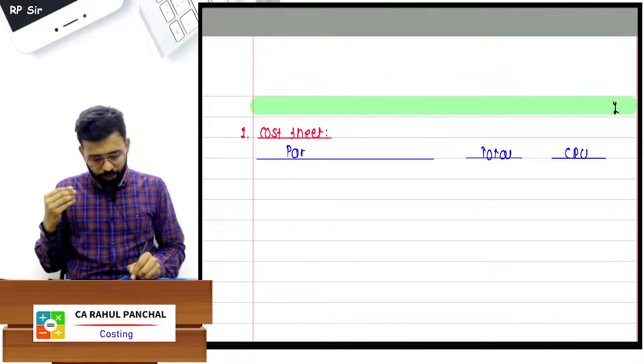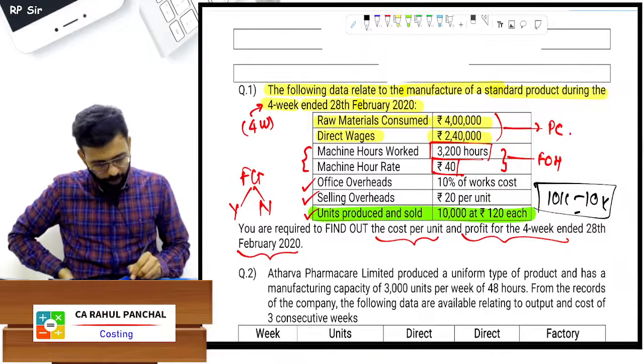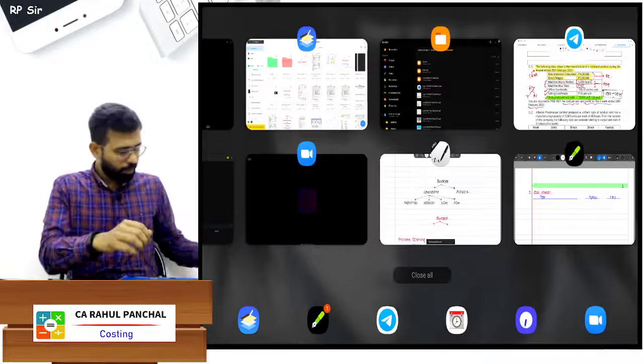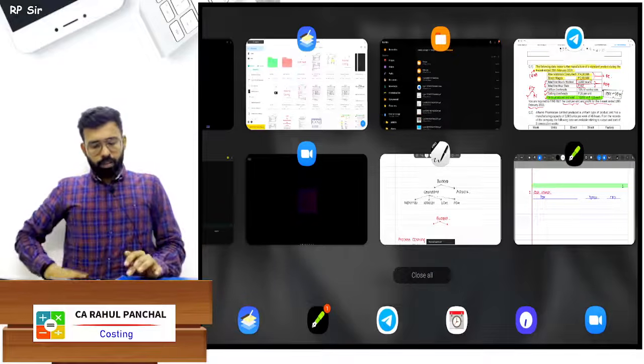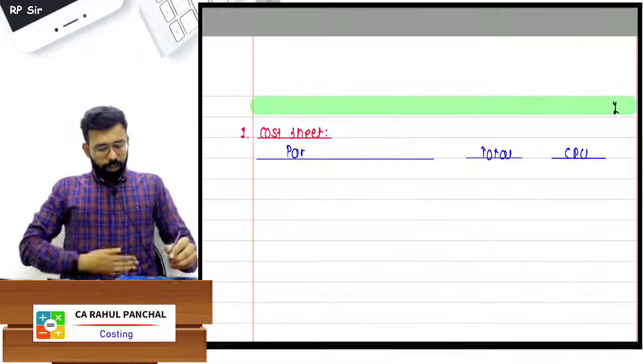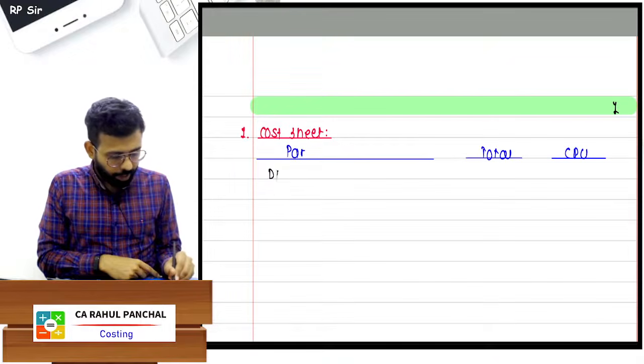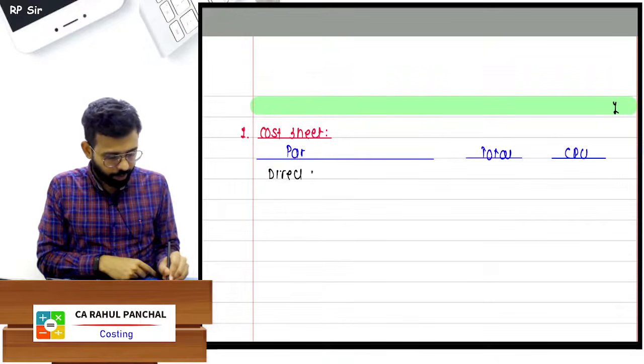If you write down, the first thing in the question is raw material, then there are wages. So please write that. The first thing is raw material, then wages, so direct material and direct labor, or direct wages.